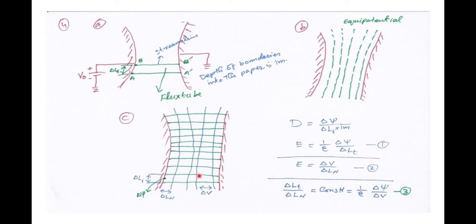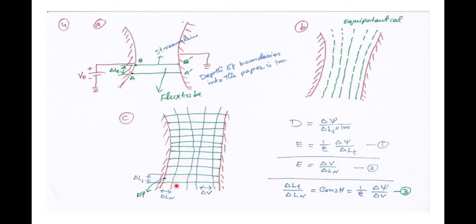The green lines represent flux tubes, and you can count these flux tubes along the boundaries. The cells, the squares between the conducting boundaries, represent the cells between any two equipotential surfaces.